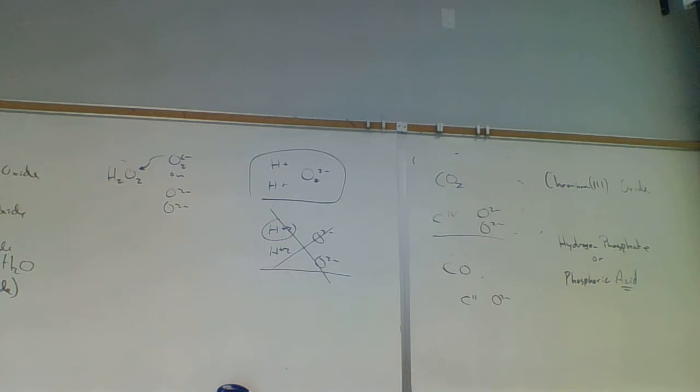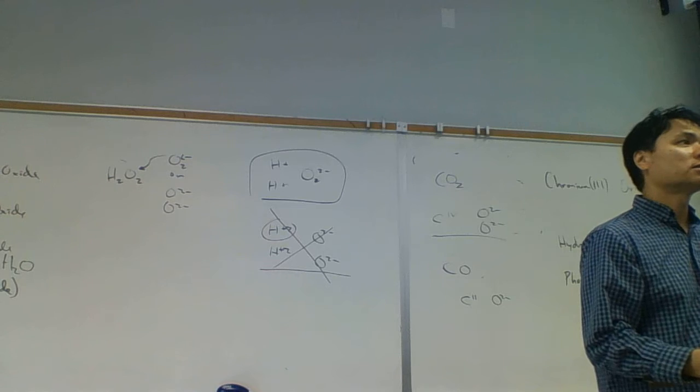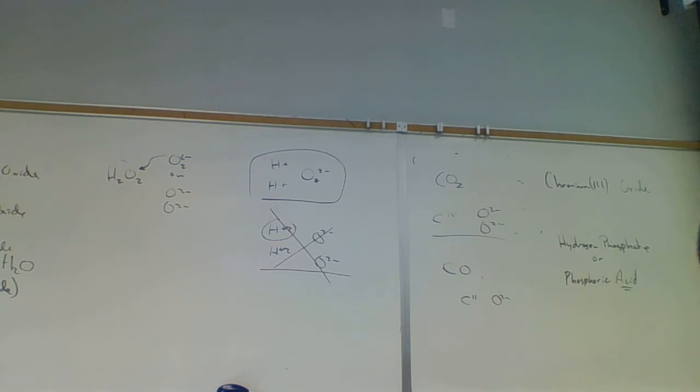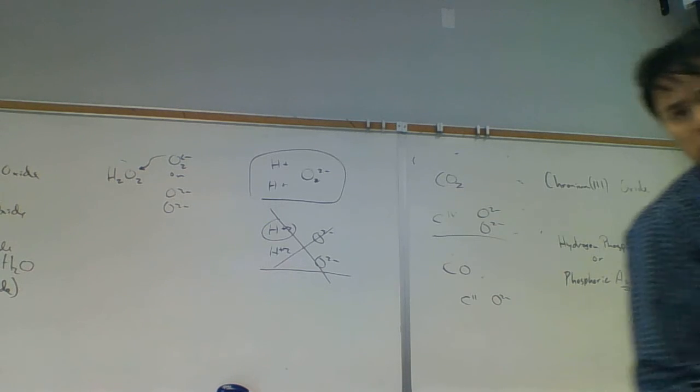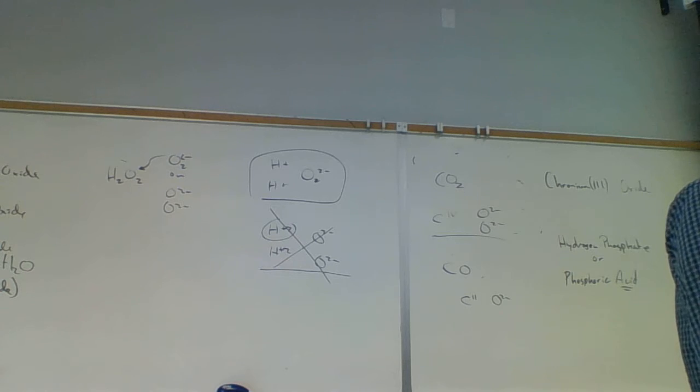So here, with sulfur, what do you think about sulfur? It could gain 2 or lose up to 6. So in sulfur hexafluoride, essentially it lost 6. So what comes after hexa? After hexa comes hepta.